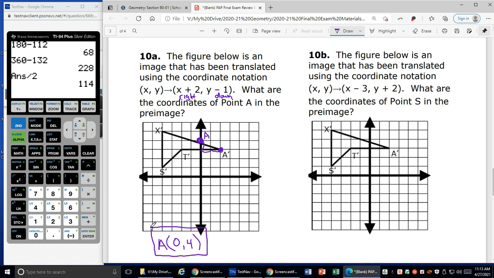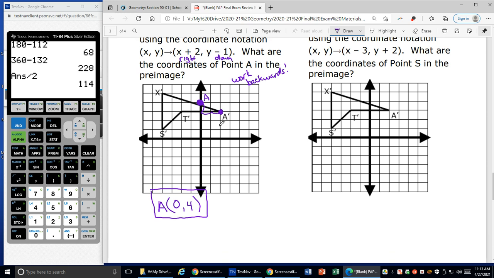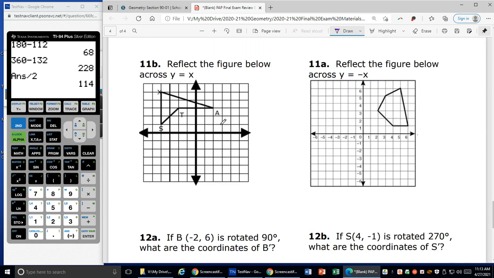We had to work backwards because they gave us the A prime and we wanted to work backwards to the A. They gave us the new point. We wanted the original point.